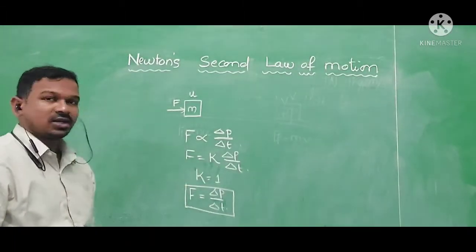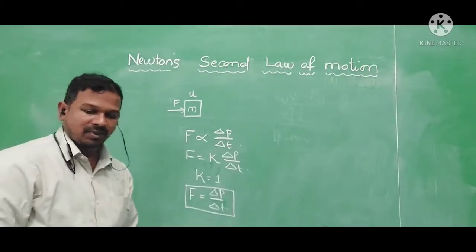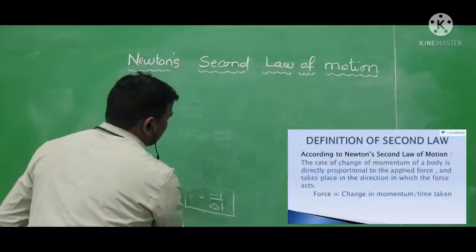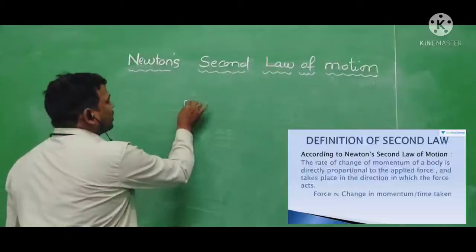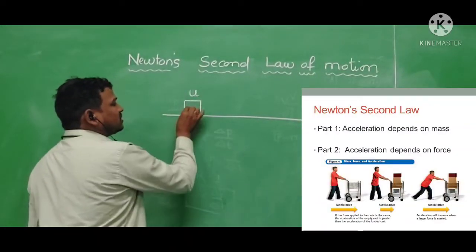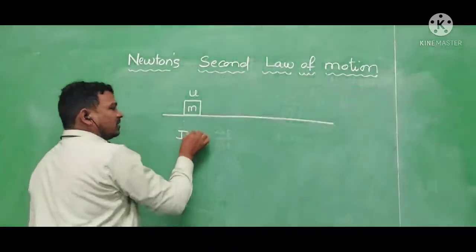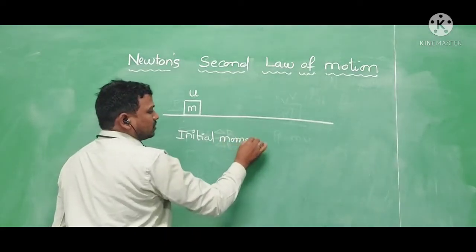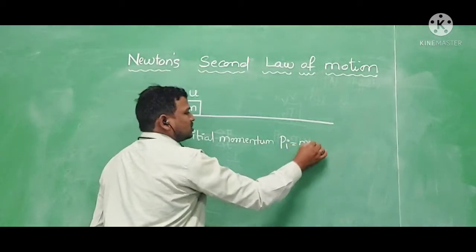Let's derive this Newton's second law of motion formula with the help of a mathematical derivation. If any body has initial velocity u and mass m, then the initial momentum Pi is equal to mass into velocity.